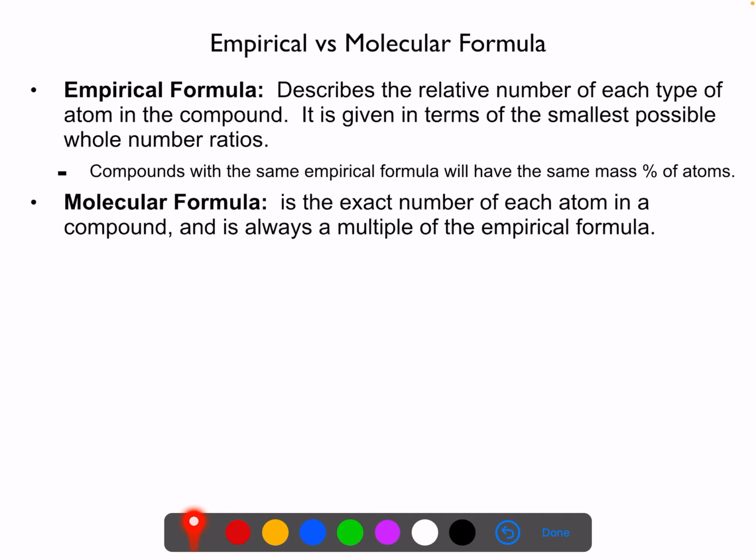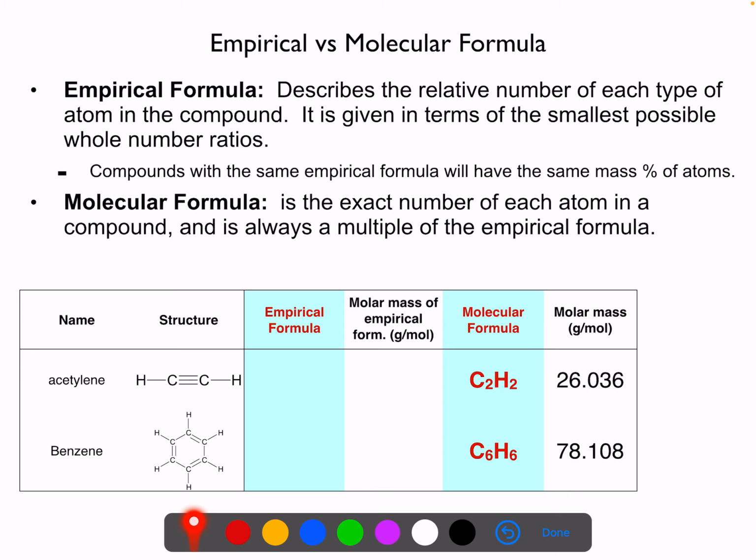So what do we mean by that? Well, let's bring back the compounds that we just looked at, acetylene and benzene. These are the first two in the table in the previous slide. Acetylene has a molecular formula C2H2 and benzene is C6H6. Here's the molar mass. The empirical formula is given in terms of the smallest possible whole number ratios, so the ratio of carbon to hydrogen is 1 to 1.